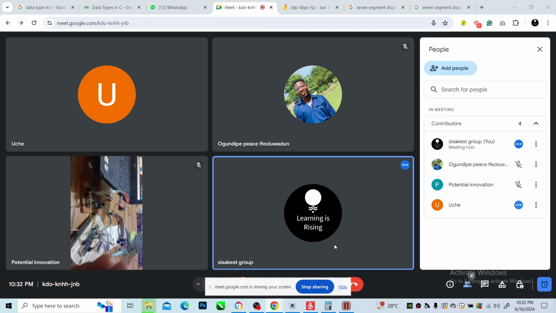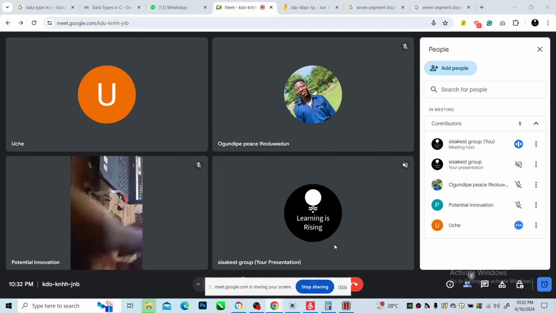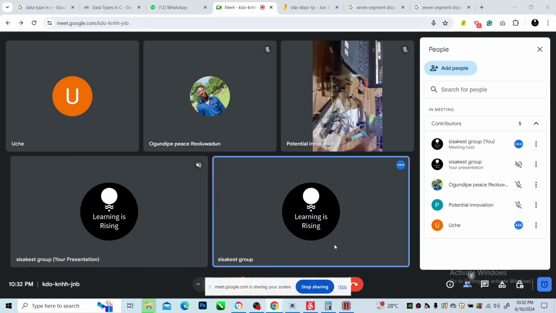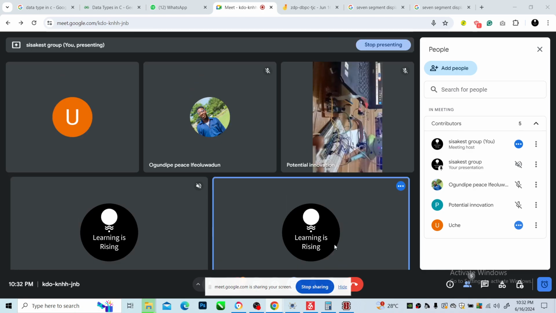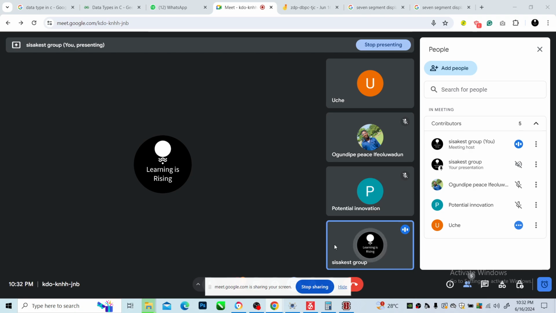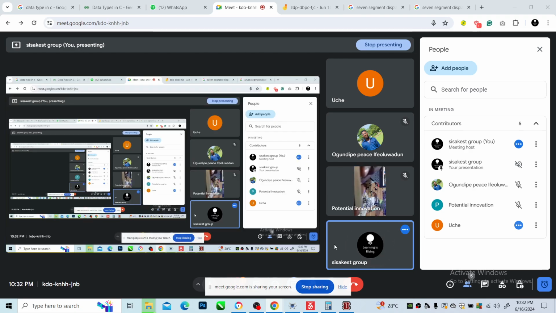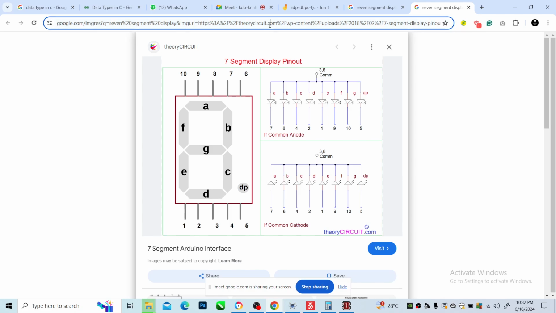Okay, which side do I need to go? This is where my camera is. Okay, there's a code here. So let's try and browse this code. I'll just type it here.